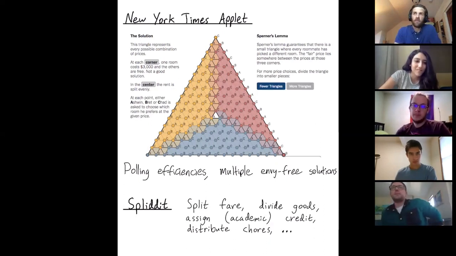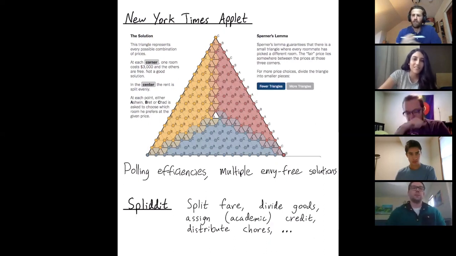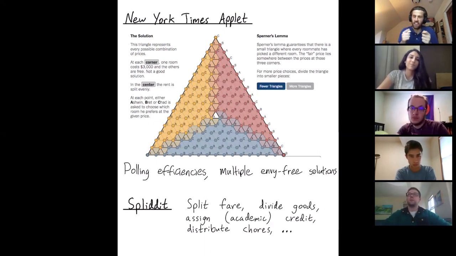Let me just tell you my non-expert impression of this field, fair distribution. As you change the problem, so here we're trying to divide something that's bad. We're trying to divide the rent, which is bad. Everyone wants less rent.